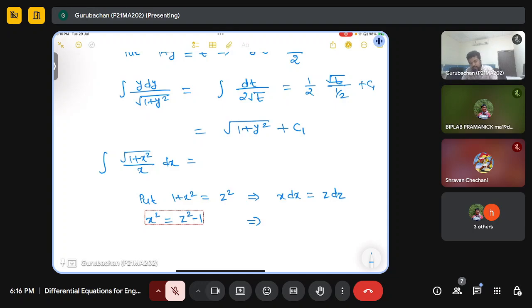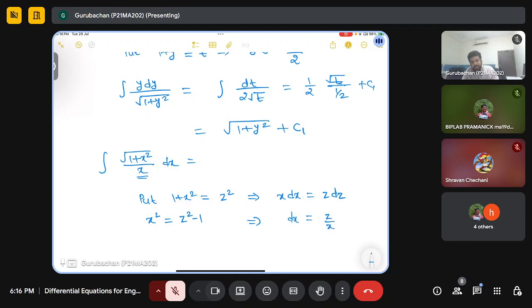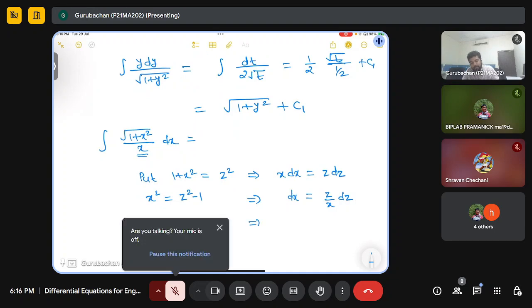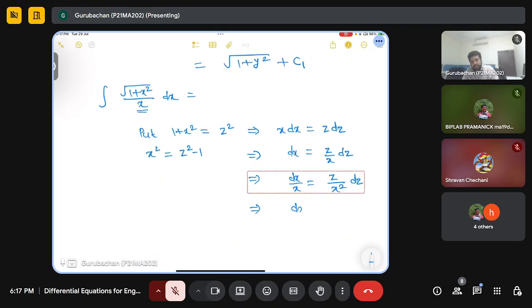So here you have some factor of x, and dx can be written as z by x dz, and again dividing by x, this will give you z by x square dz, which will provide you dx by x equal to z by z square minus 1 dz.